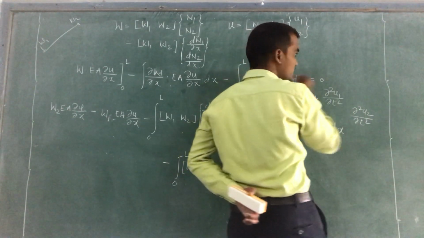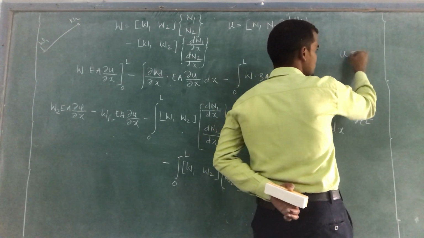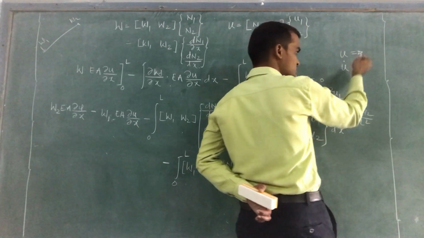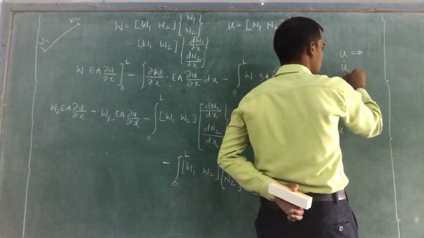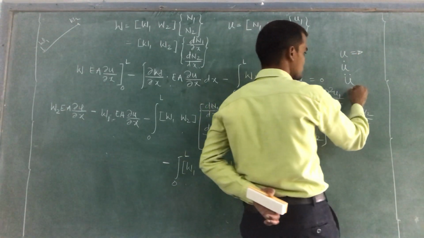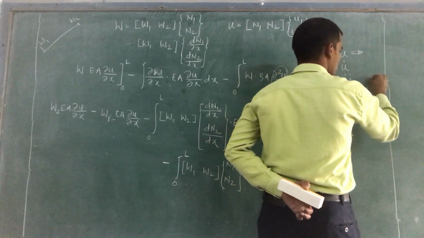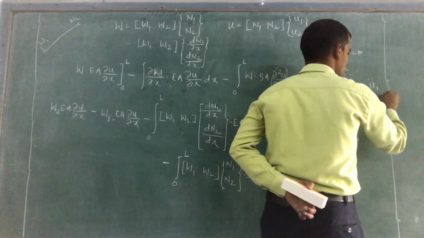So as we know, if u is the displacement function, then u dot is the first derivative and u double dot is the second derivative. For simplicity, we can write this as u1 double dot and this as u2 double dot.